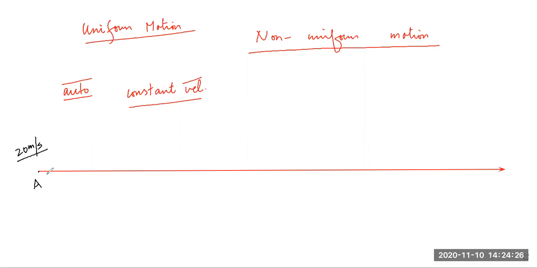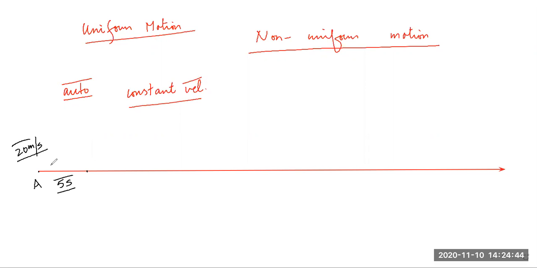Now, in 5 seconds, can anyone tell how much distance the auto will cover in 5 seconds? In 1 second, it has covered 20 meters.